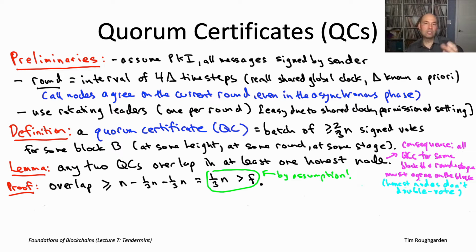So both QCs must be about that same block, capital B. That's a really nice property. For a given referendum, meaning a block number, round, and stage combination, you only have one winner, in the sense that any two QCs must be supporting the exact same block, capital B. Those two QCs may differ in the identities of the at least 2/3 n voters that contributed votes to that QC, but that's the only way in which the two QCs can differ.